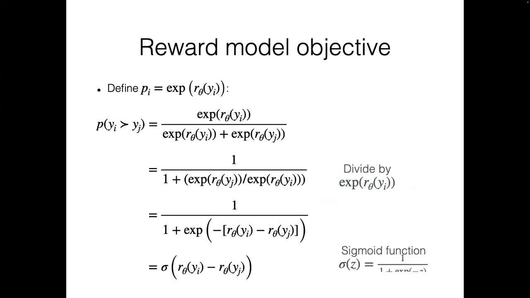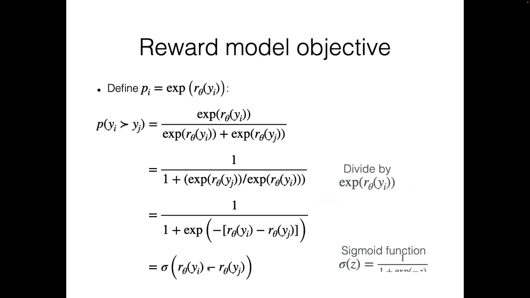And the reason we do that is because now this is in the form of the sigmoid function. So sigmoid is 1 over 1 plus exponent of minus z. So we have 1 plus exponent of minus this thing here. And then now we see this term that's appearing in the loss function where you have a sigmoid and then this reward difference here.